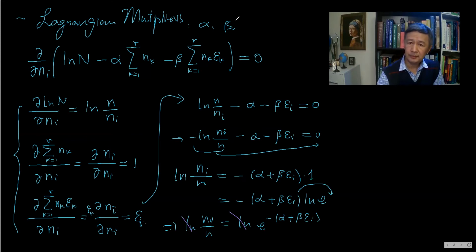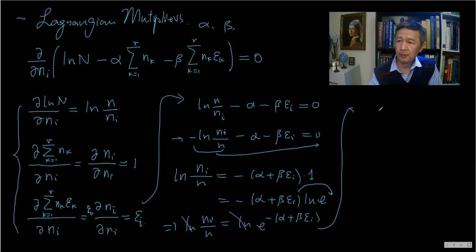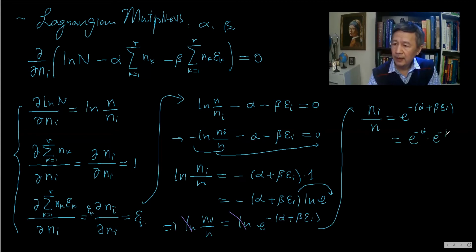It is a famous mathematical expression known as the Boltzmann distribution law, or Boltzmann law. That is ni over n equals e to the negative alpha plus beta epsilon i. If you rewrite the right-hand side as e to the negative alpha, you get this e to the negative beta epsilon i here.